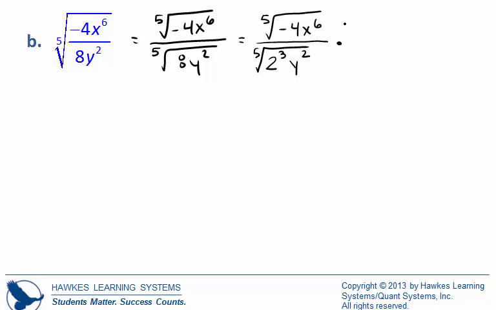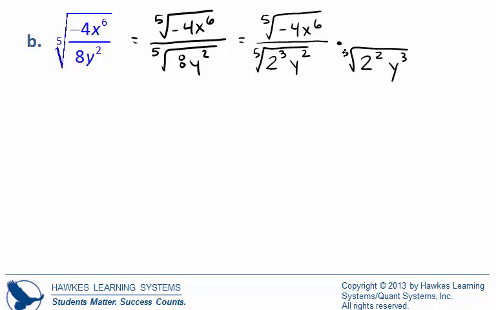So when we decide what to multiply by, we want to multiply by terms that are going to create a 5th power, which means that for the 2, we need 2 more of those. We already have 3, we need 2 more to make the total 5. For the y squared, we need an additional 3 y terms. 2 plus 3 would make the 5 that we want.